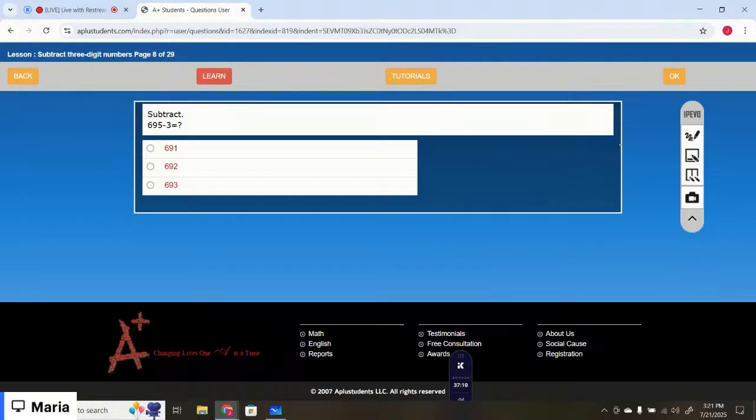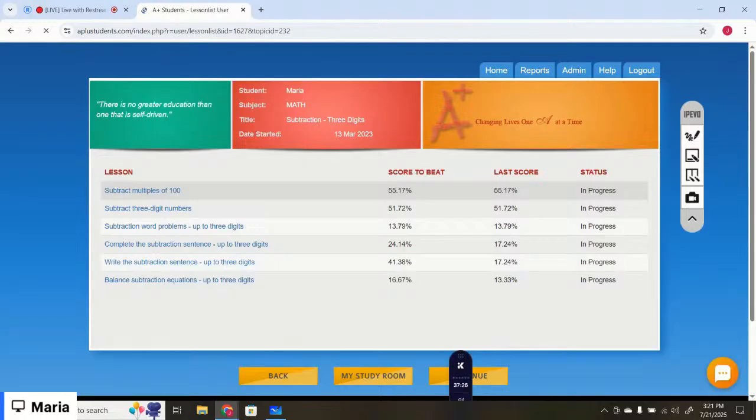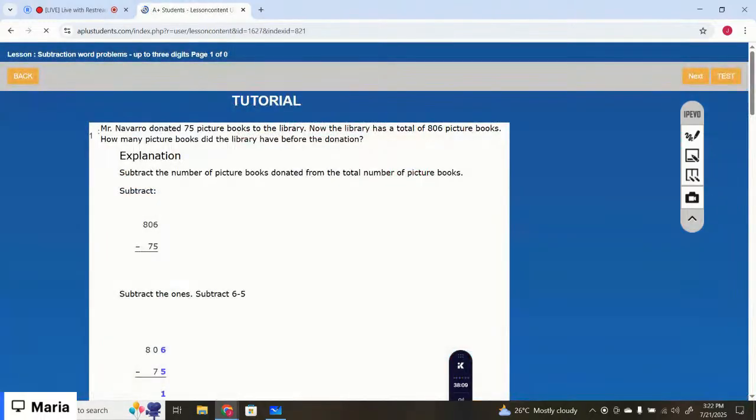Let me just move on to the next lesson. That is subtraction word problems up to 3 digits.